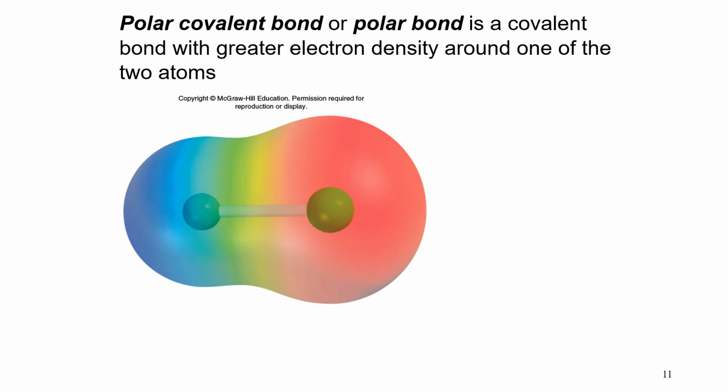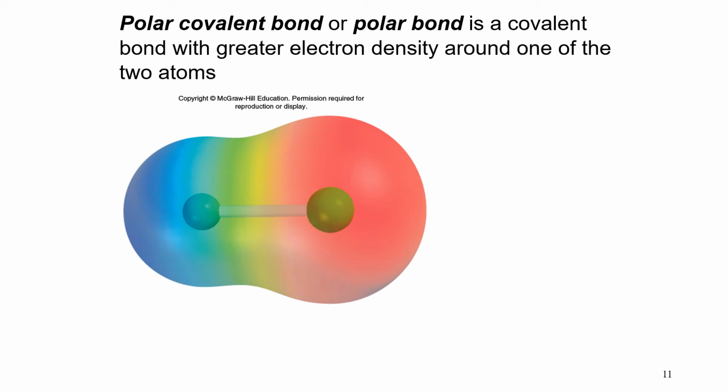Now, within a covalent bond, we are sharing electrons. However, those electrons aren't necessarily shared equally. It depends upon the electronegativity difference between each of the elements that are bonded together.